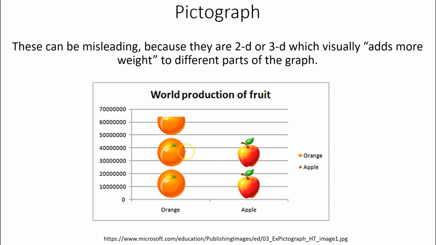So you already have an element here of a visual discrepancy just based off of looking at the size. Now, yes, the numbers do go bigger. So I would say whatever they're trying to show here, world production of fruit, yeah, more oranges are produced than apples. But you've got a visual thing here, not just a numeric thing, that's emphasizing it, and that creates a bad graph.